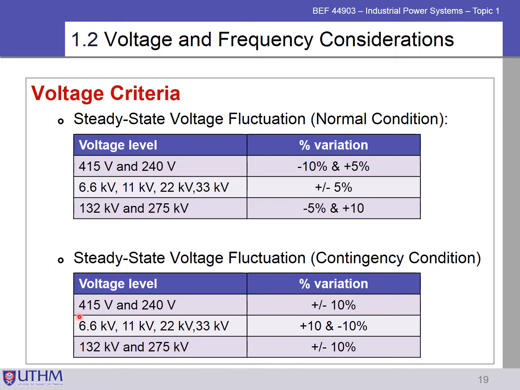And for 6.6 kV up to 33 kV, the percentage variation is plus 10 and minus 10%. And for 132 kV and 275 kV, the contingency condition percentage variation is plus minus 10%.